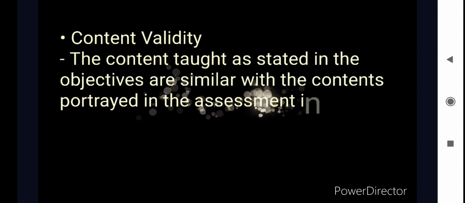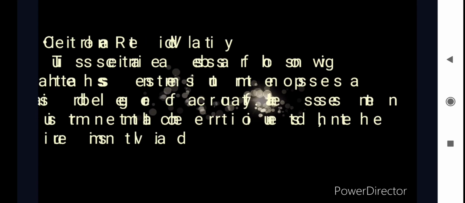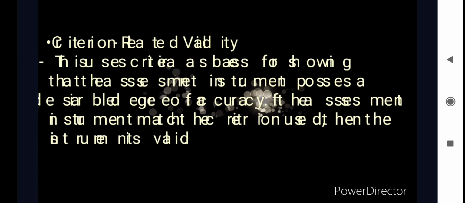Content validity. The content taught as stated in the objectives is similar to the contents portrayed in the assessment instruments. Criterion-related validity. This uses criteria as a basis for showing that the assessment instrument possesses a desirable degree of accuracy. If the criterion is met, then the instrument is valid.